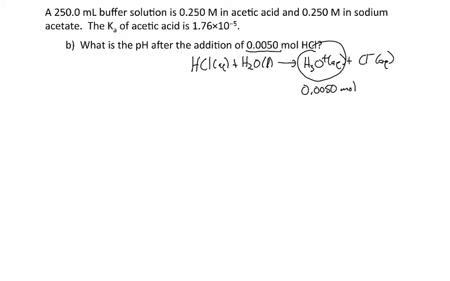So when I add strong acid or strong base to a buffer, we typically work these as two-step problems. So first, I have a stoichiometry problem where I'm looking at the reaction of the strong acid that I've added with the buffer. And when I add a strong acid, what it's going to react with is not the weak acid, it's going to react with the conjugate base.